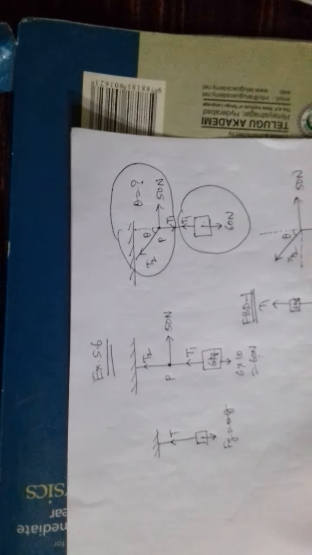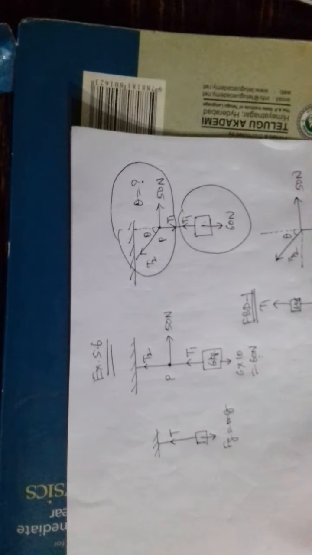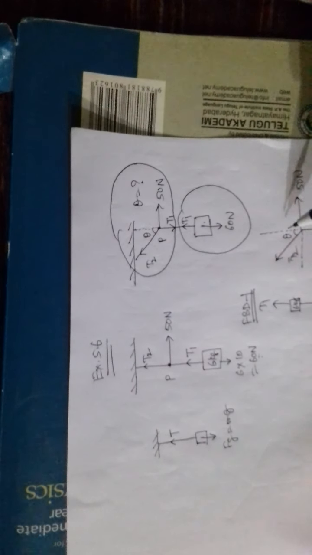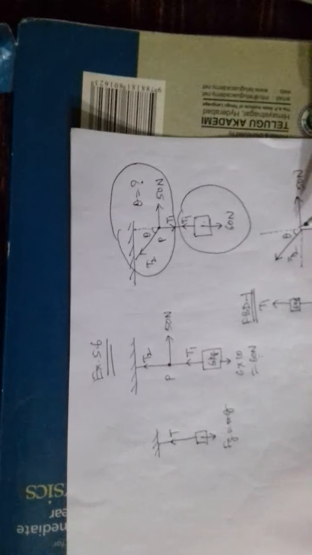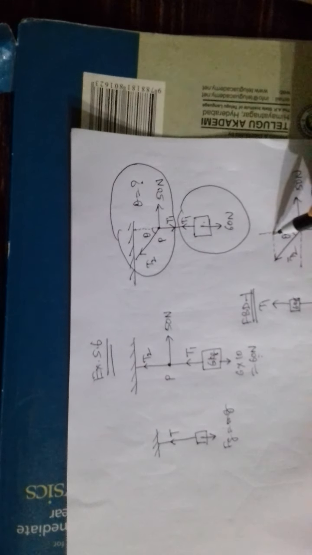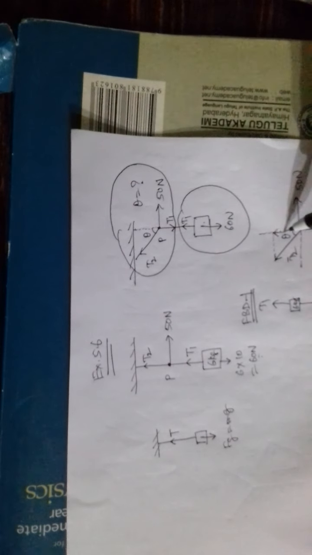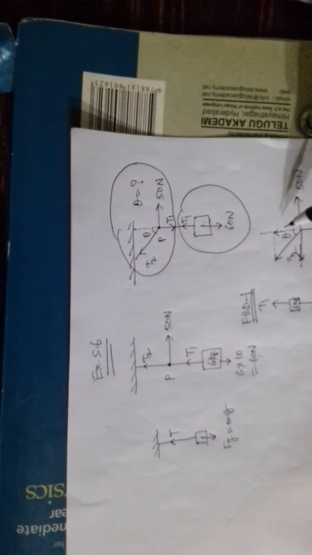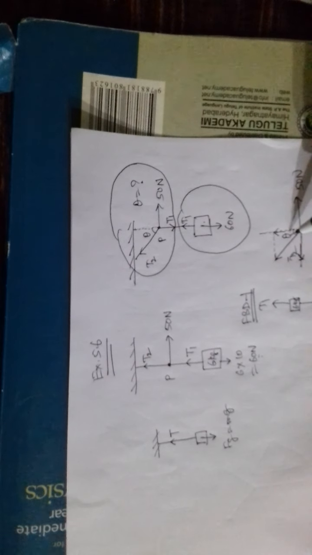See here, T1 equals 60 newtons. Okay. Let us resolve this vector into two perpendicular components, one along y-axis, another along x-axis. This side is adjacent to theta.